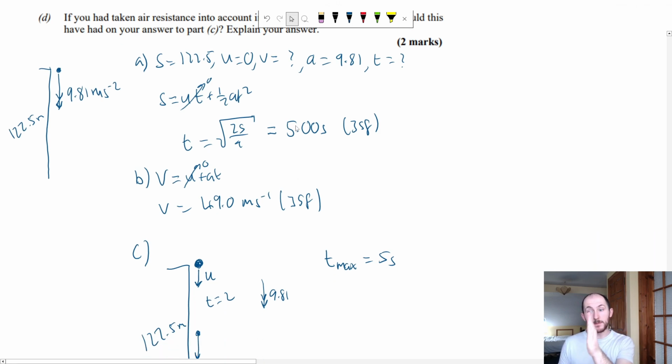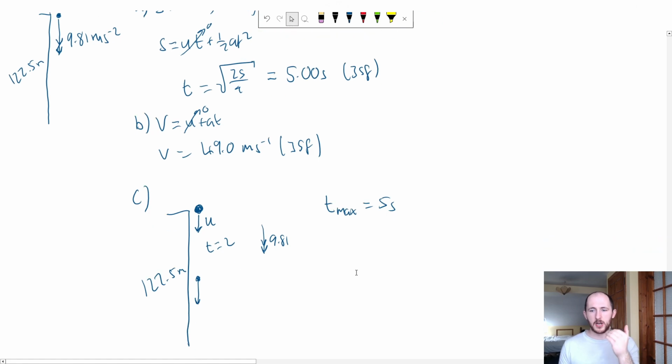So, sometime before that 5 seconds, the tennis ball has to hit the stone. Does that make sense? Now, because it's 2 seconds after the fact, the actual value of t that we're going to use is 3 seconds, because it's 5 minus 2. I hope that makes sense.